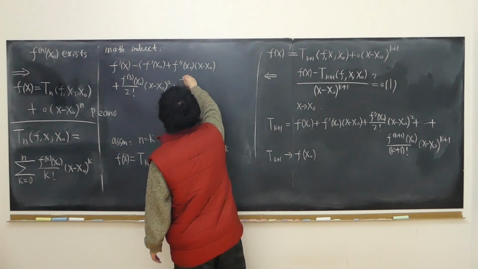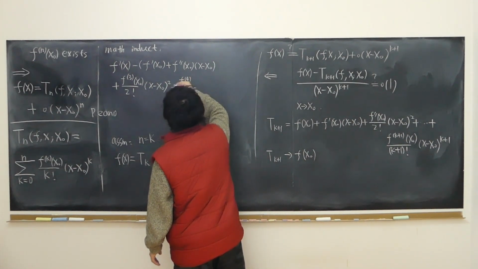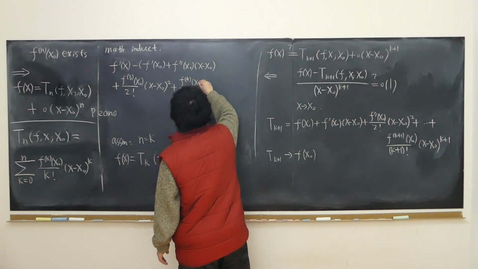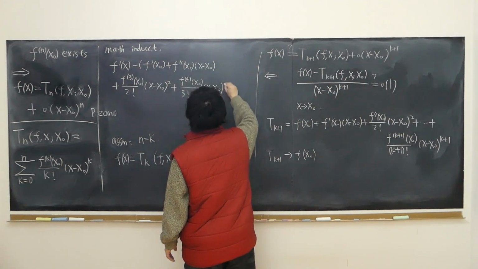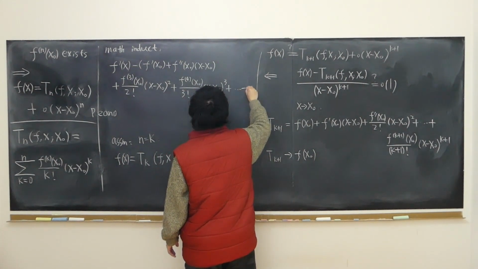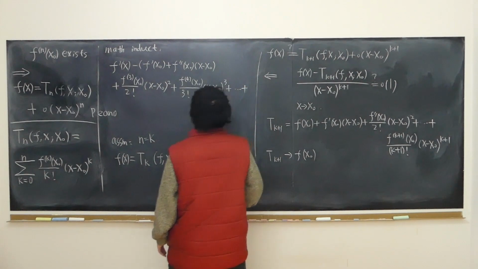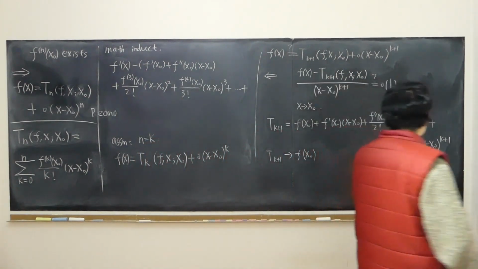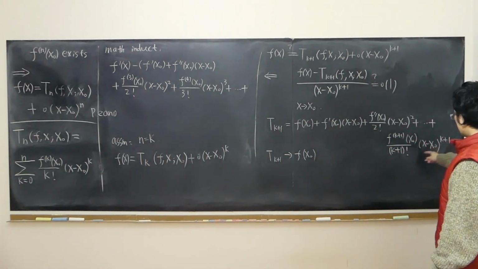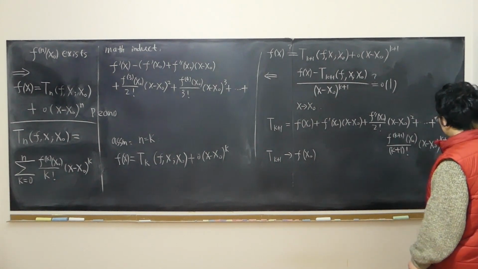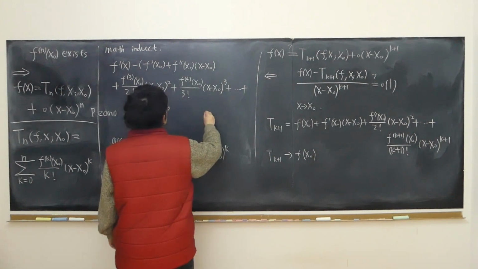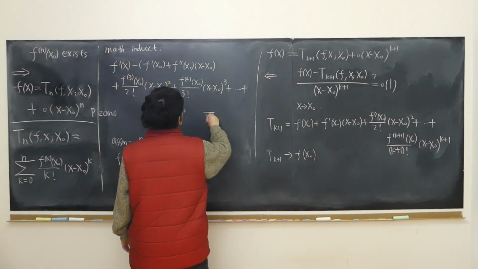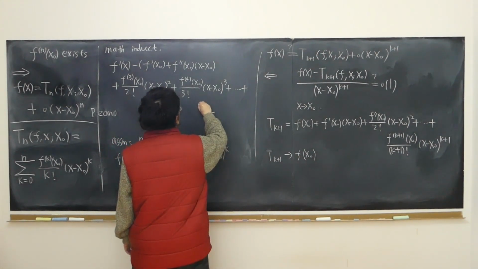Top, that is the 4th order derivative at x naught, (x minus x naught) to the power of 3, plus all the way up to the last term. Right, take down k plus 1, simplify down to just k factorial. Right, just k factorial at the bottom.